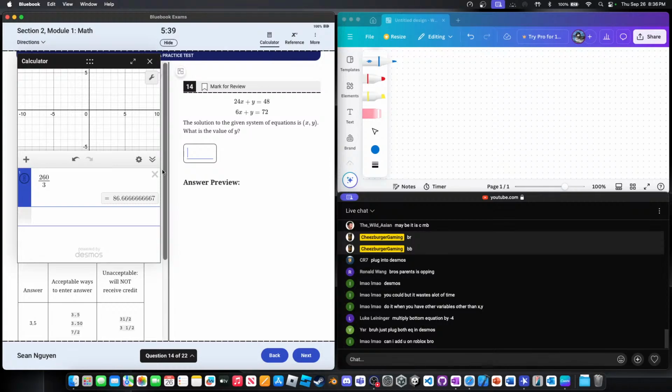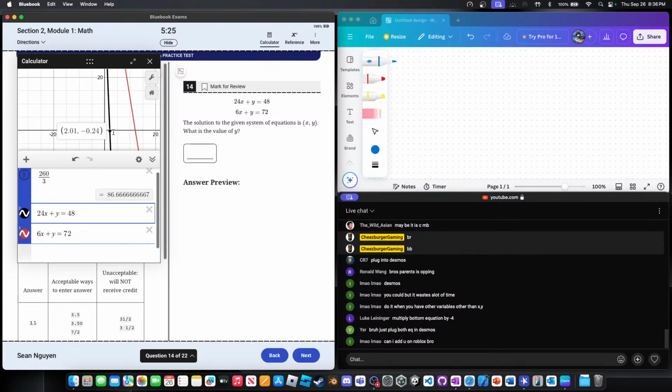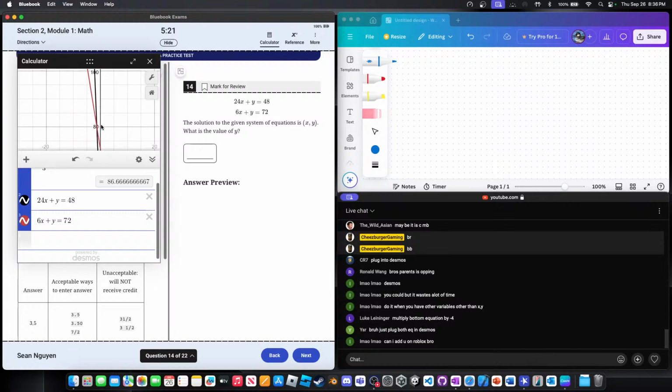Not right now. Let's do what you did earlier, because I don't know if this is even right. What is the value of y? Go over to our intercept. Is 80. 80?